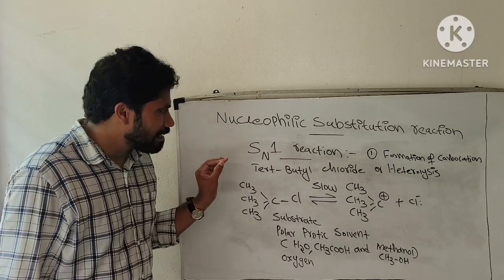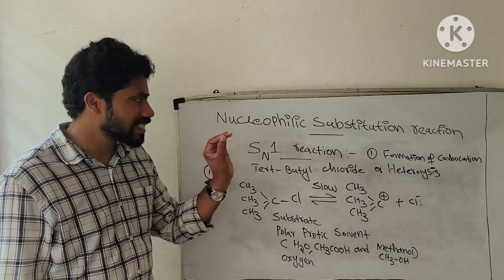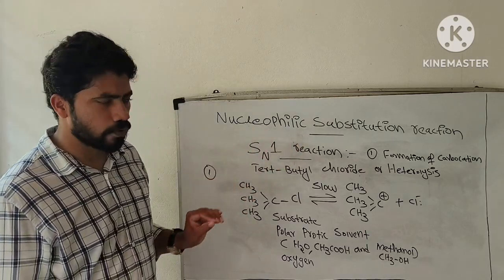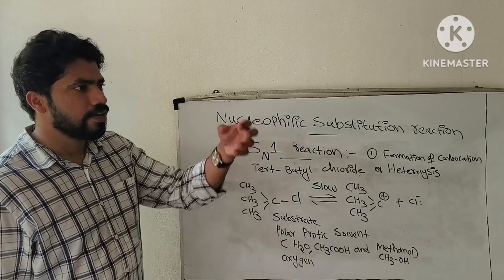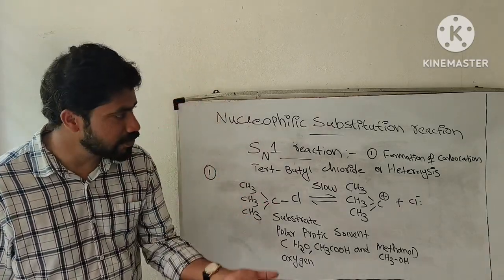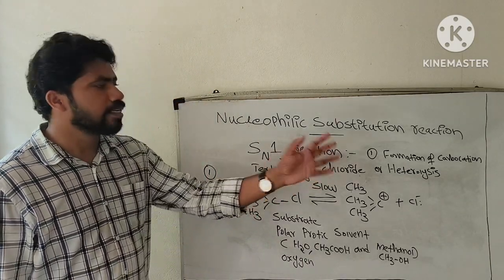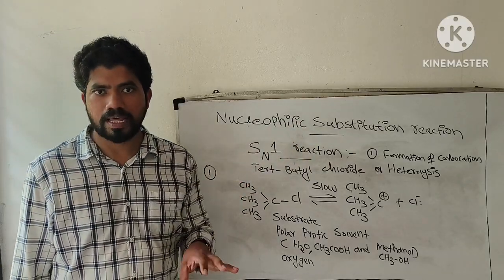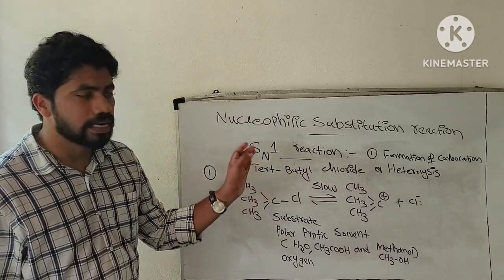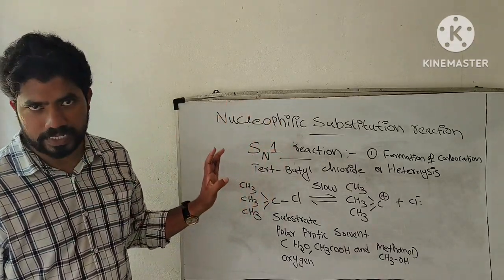So in the case of alkyl halide, in the SN1 reaction, the first step, formation of carbocation, happens very fast for tertiary butyl chloride. That's why I took tertiary butyl chloride as an example, and I will share that information while I'm discussing the order of reactivity of SN1 reaction.